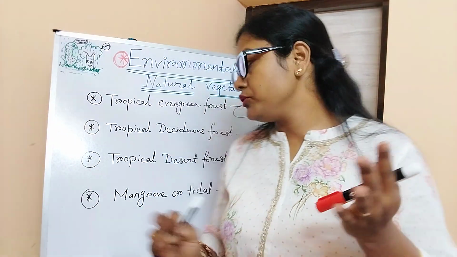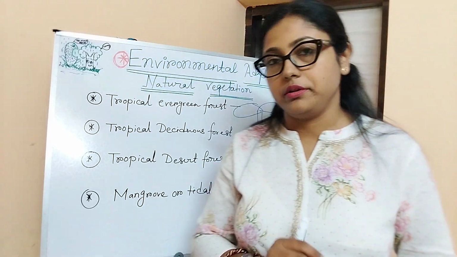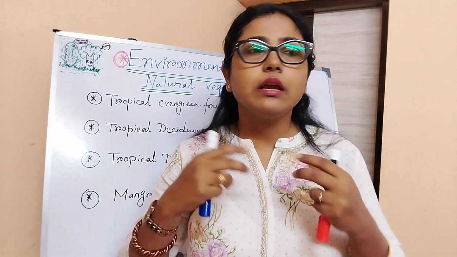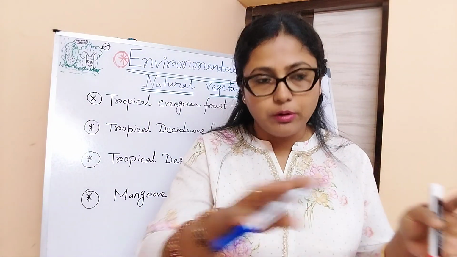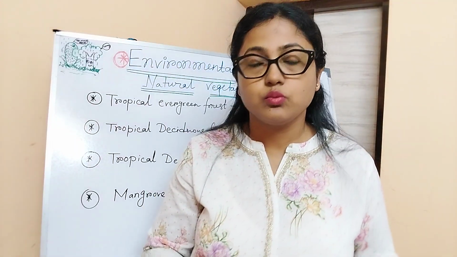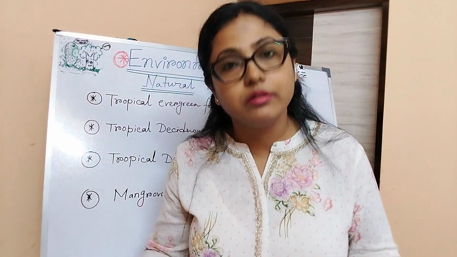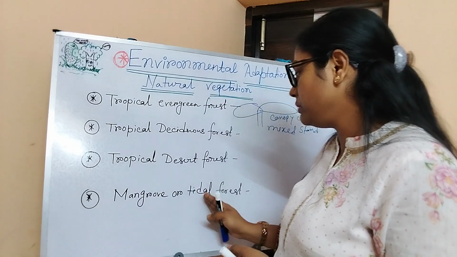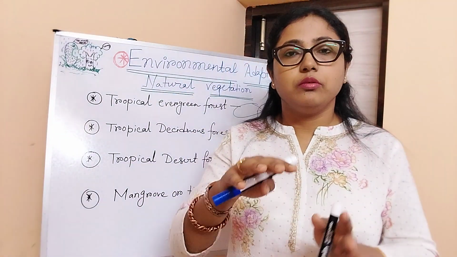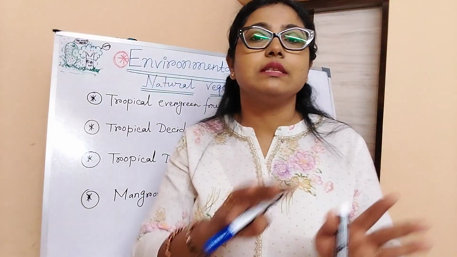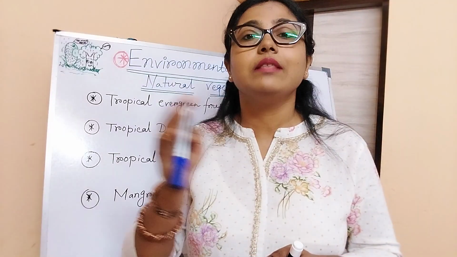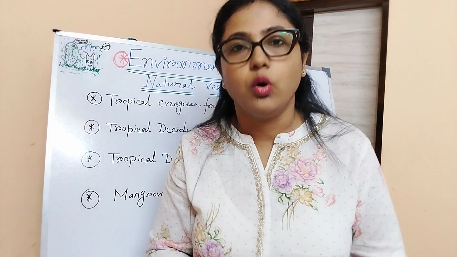Next is the mangrove or tidal forest. Now this tidal forest has a unique environmental phenomenon, you may say. They grow in the wetland regions, swampy region, waterlogged region, because tidal forest means they grow mainly in the deltaic zone, the coastal area which is affected by tide, and most of the time during the high tide the area is waterlogged.